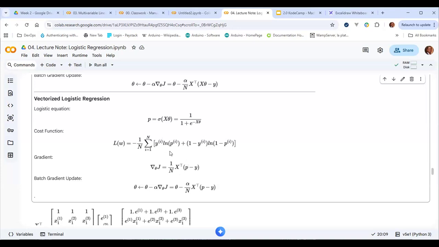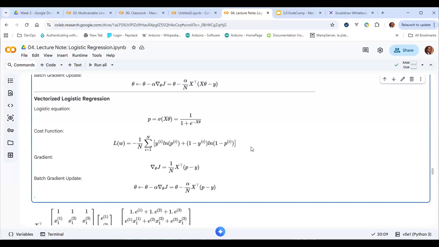So you have the yi log pi, which you already saw, and I already did a breakdown of this, the piecewise negative log likelihood, binary cross entropy, right? Same thing. And then this gives you that. Remember, you always have to have the negative sign. That's why it's called negative log likelihood. Because the log of a number that is less than 1 is going to be negative. So you have to use a negative sign to correct it so that the loss will be higher when it is further away from what you want.